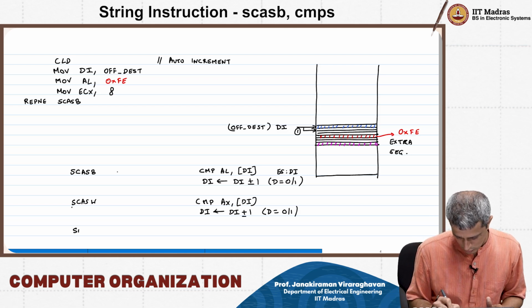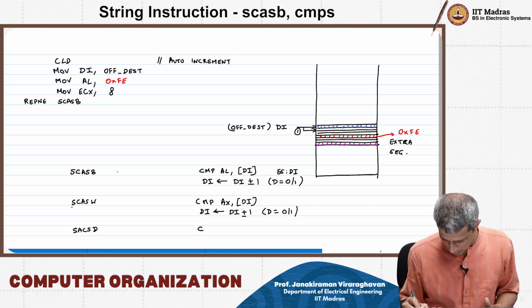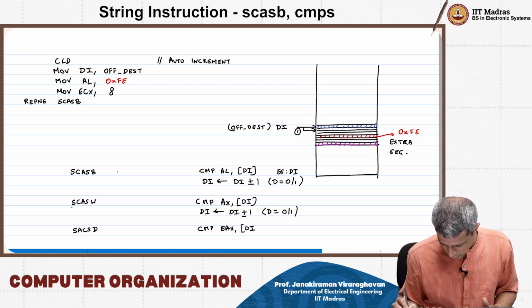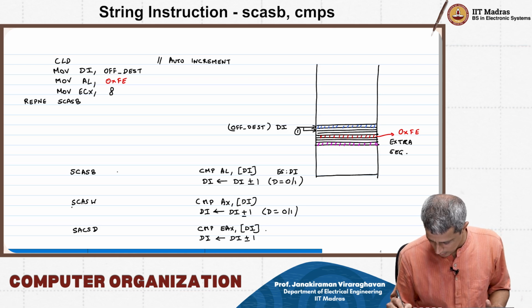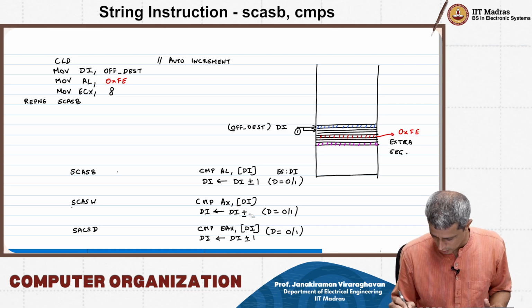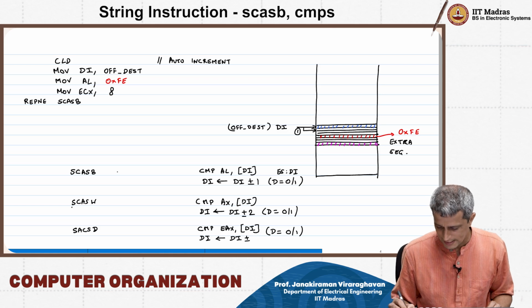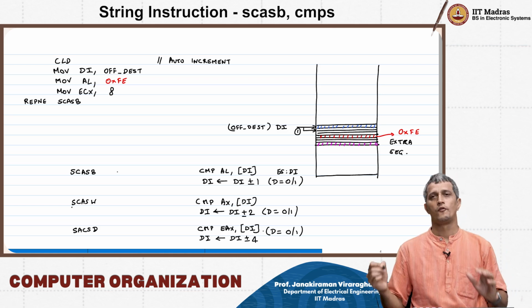Now SCAS D word will compare EAX with DI, and then DI will auto increment, plus or minus, direction flag equal to 0 or 1. So this is not, sorry, when you do SCAS word, it has to be plus or minus 2, SCAS D word, it has to be plus or minus 4.